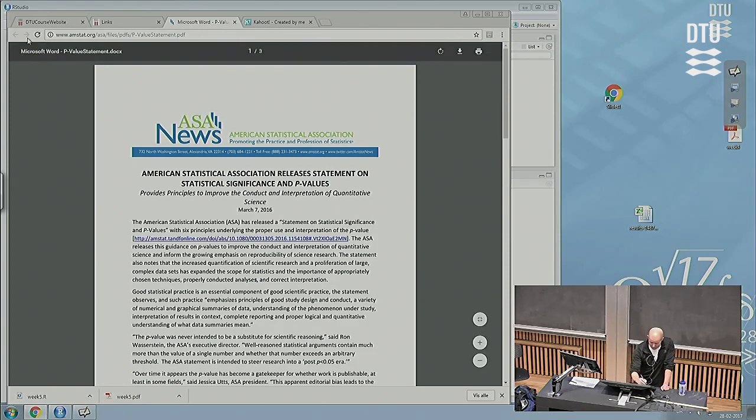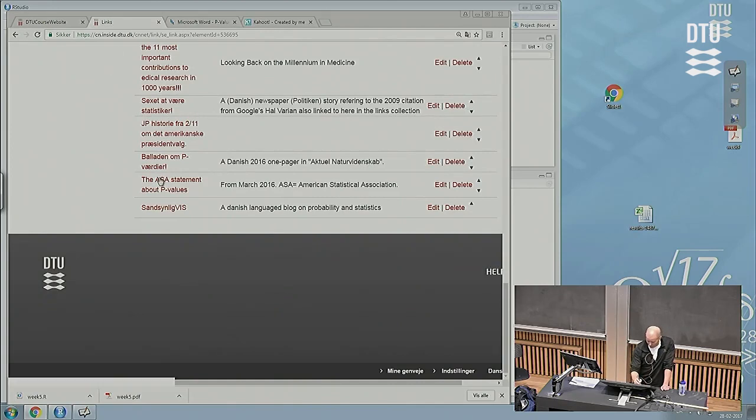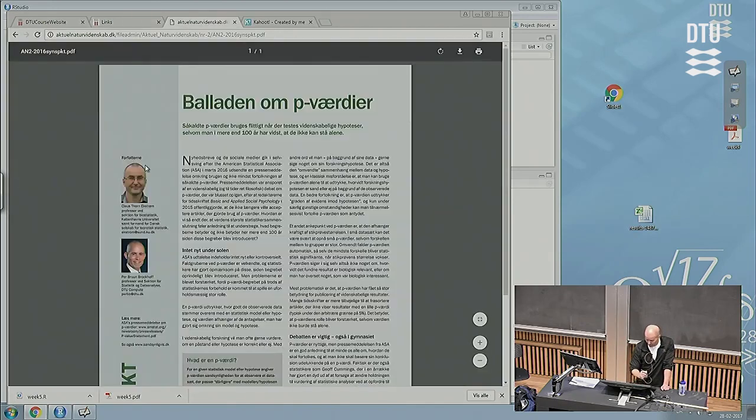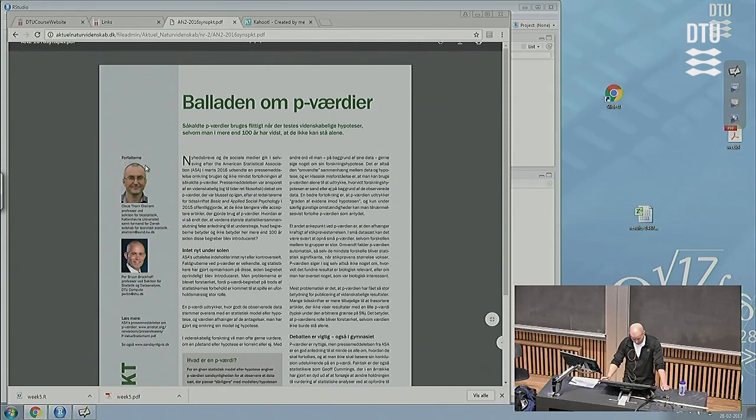A colleague of mine, the current chairman of the Danish Statistical Society, which I chaired myself a few years back, and I made a little note in what is known as Aktuel Naturvidenskab, in Danish. I realize some of you don't read this. Basically what we're saying in Danish is, well, this is great news, but we knew that for 100 years already.